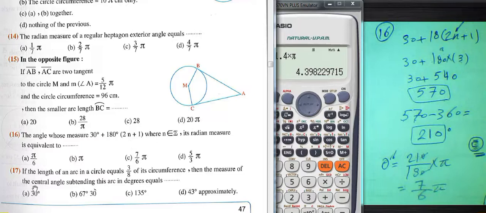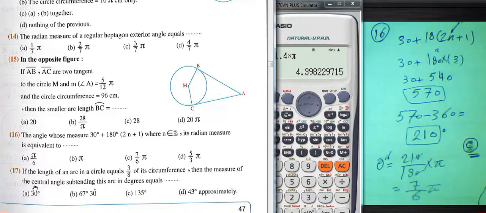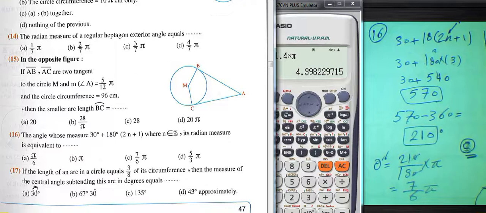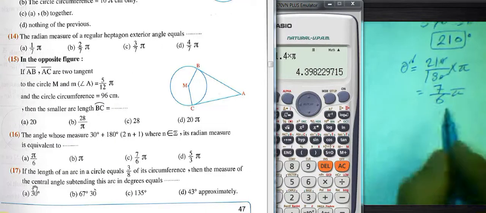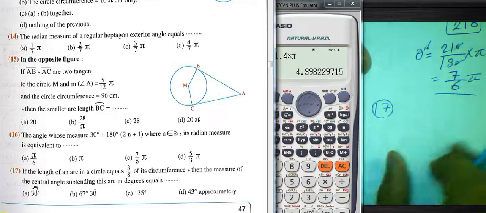Question 17. The length of an arc in a circle equals 3 over 8 of its circumference. Then the measure of the central angle subtended by the arc, in degrees, equals what? Look here.